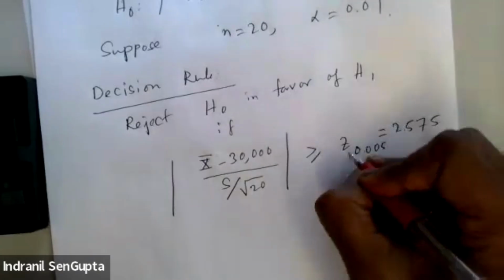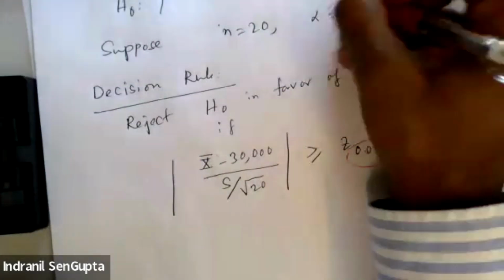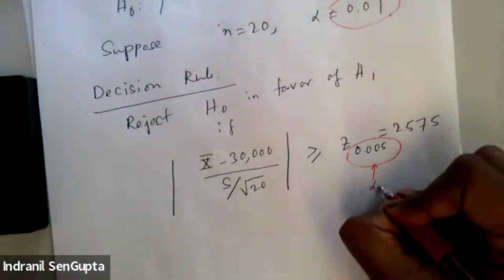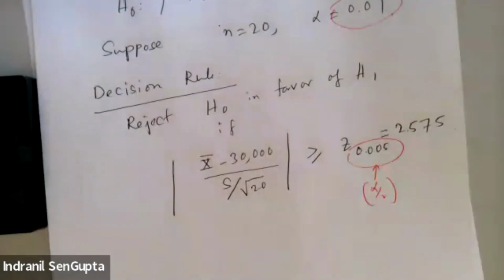This 0.005 is actually half of alpha, so it's alpha over 2. Okay, I'll do another example, which will help indicate this. Let's do this one.